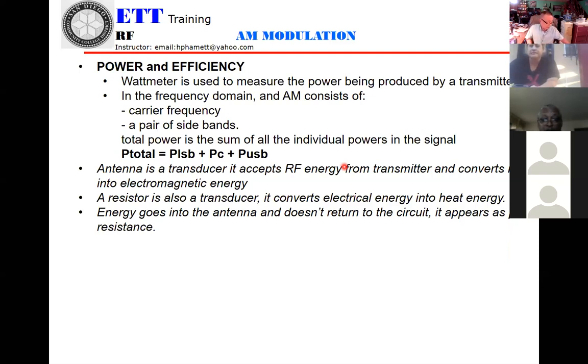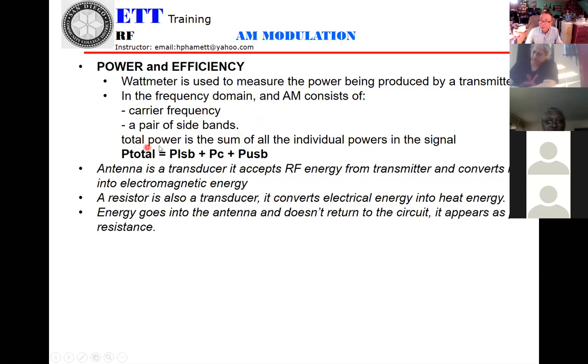Okay, so we have to use the watt meter to measure the power, okay? Not the DMM, not the oscilloscope. In the frequency domain, AM consists of the carrier frequency and a pair of sidebands that we already saw, upper sideband and lower sideband.